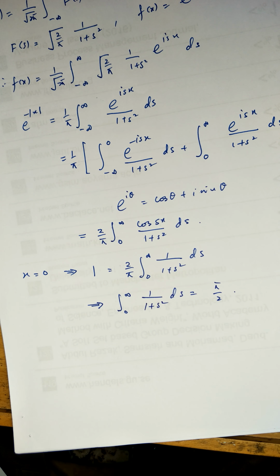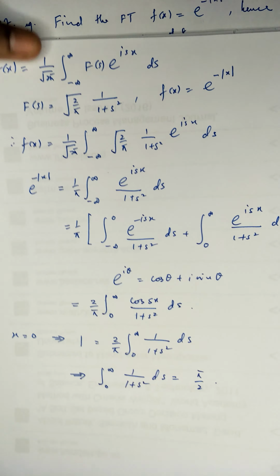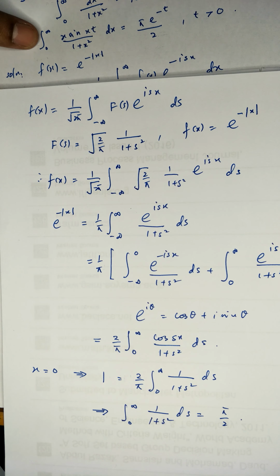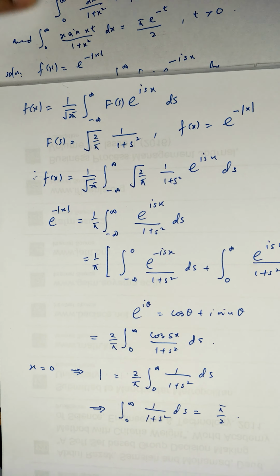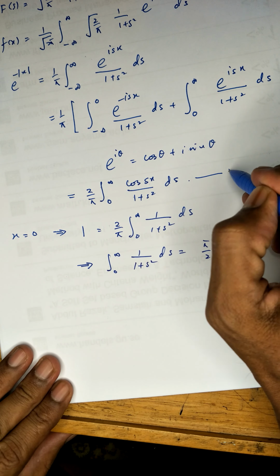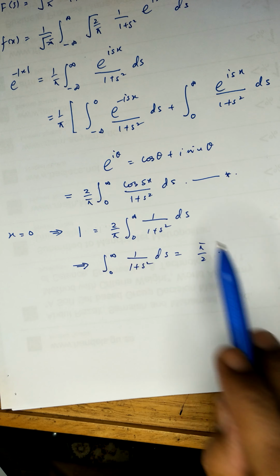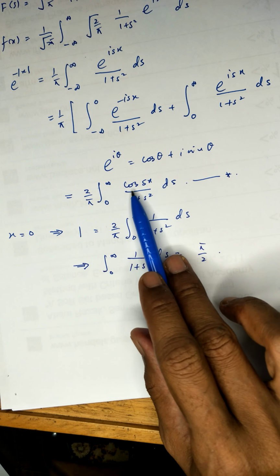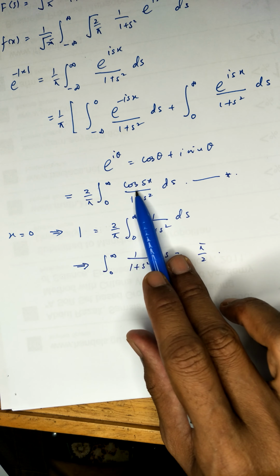Now for the second part of our deduction, this is not difficult to show. From this point here, I can differentiate, which gives negative s sin of this thing.